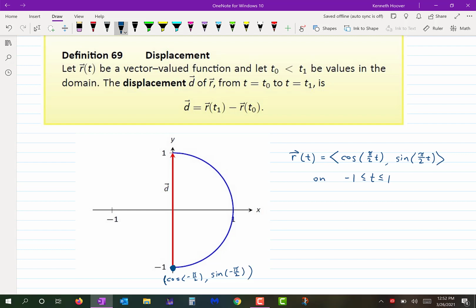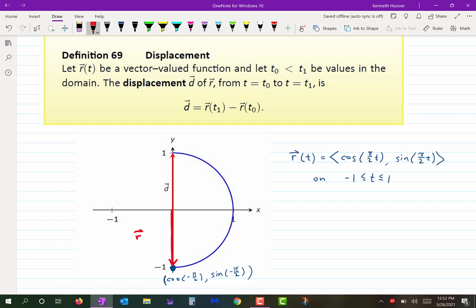I'm using parentheses because I've graphed the terminal point of the vector. I didn't actually graph the vector cosine of -pi/2 comma sine of -pi/2, because you wouldn't see it, since there's already a red vector drawn there. If I were to draw that vector, it would go from here down to there, right?